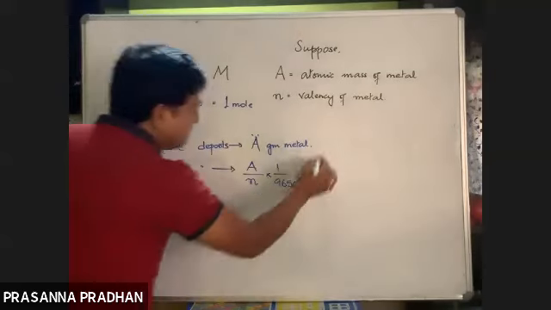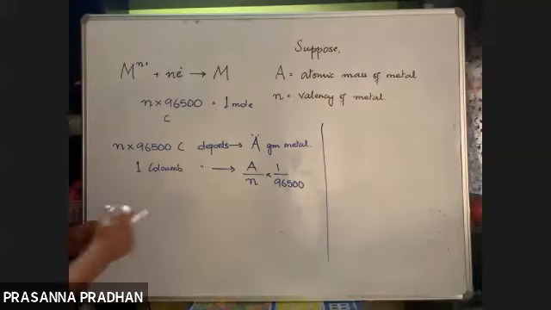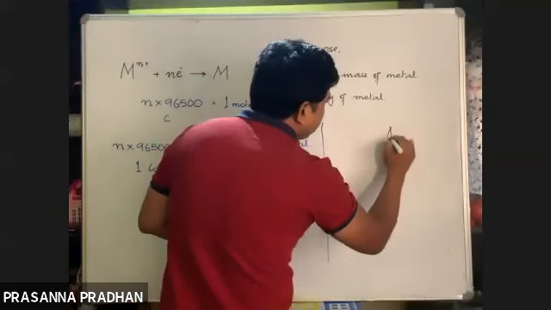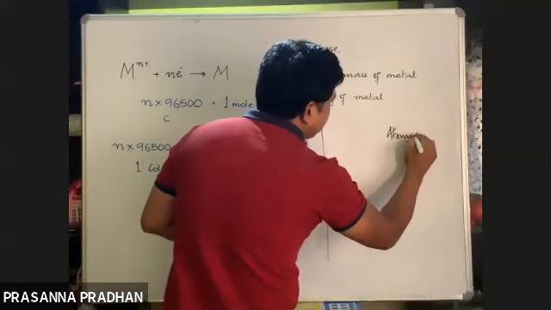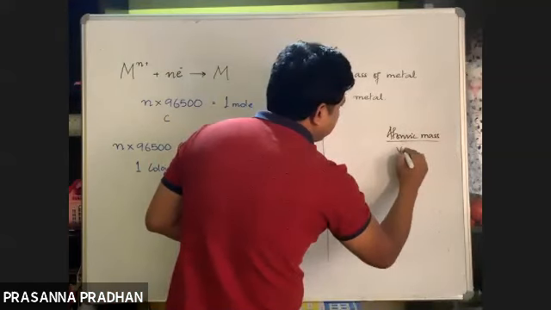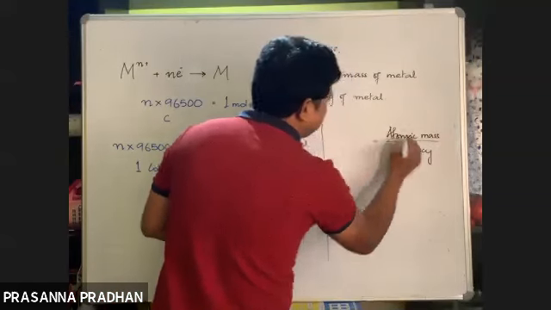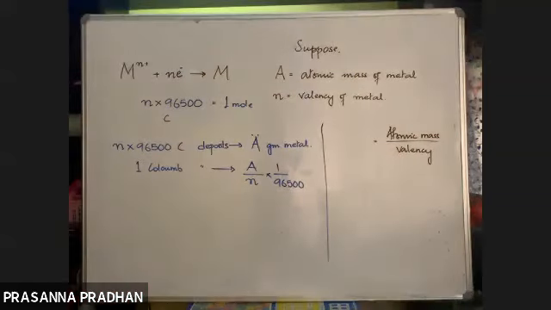Now let us closely examine this thing, A by N. What is A? A is the atomic mass. And what is N? N is the valency. So this is the formula of what?